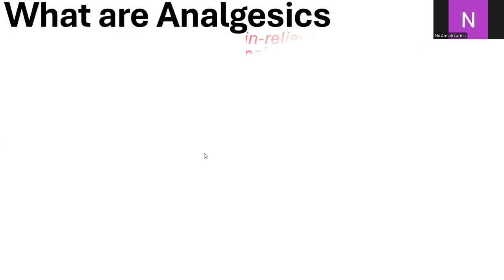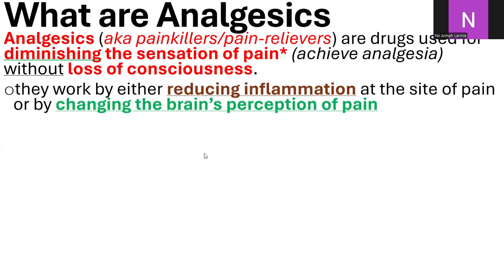So when we talk about analgesic, the term simply means pain reliever or a painkiller. Analgesics are basically agents or drugs that are used for the purpose of achieving analgesia, which means they are used to diminish the sensation of pain.